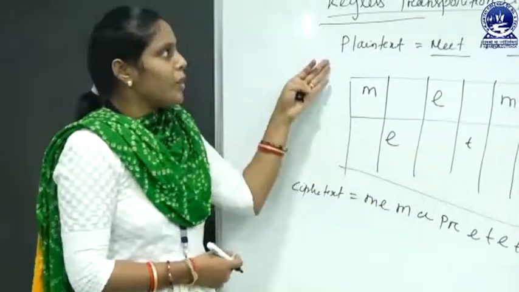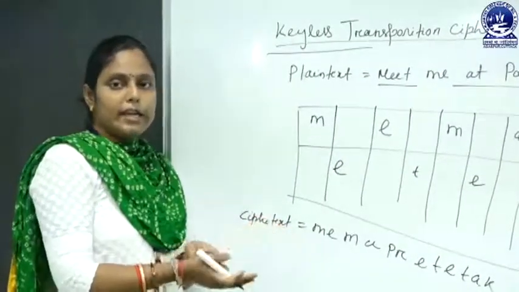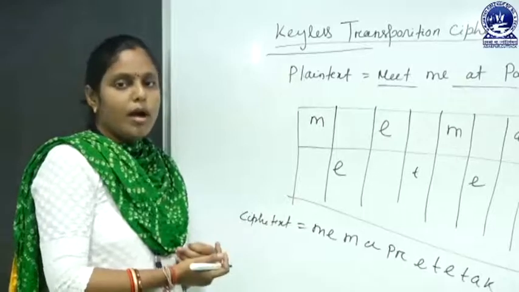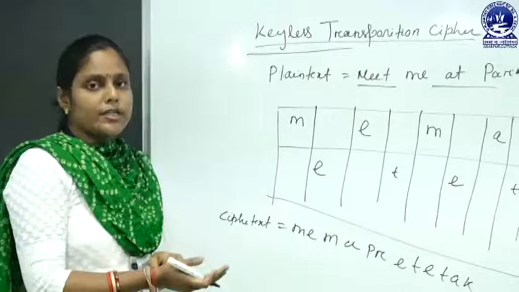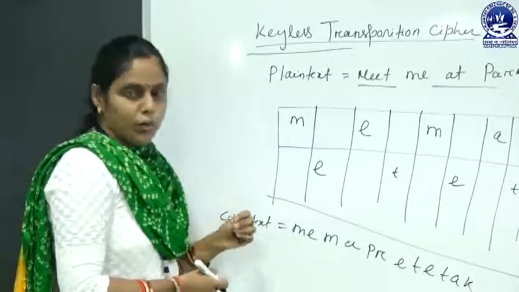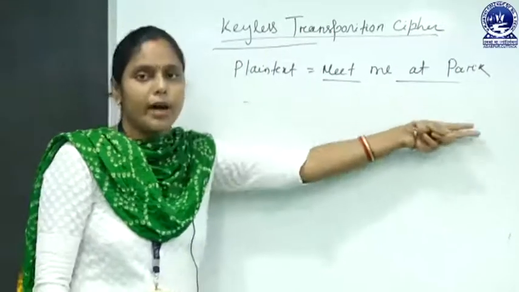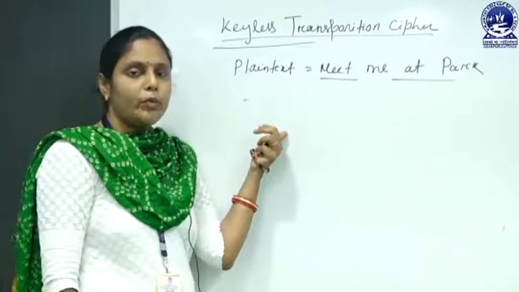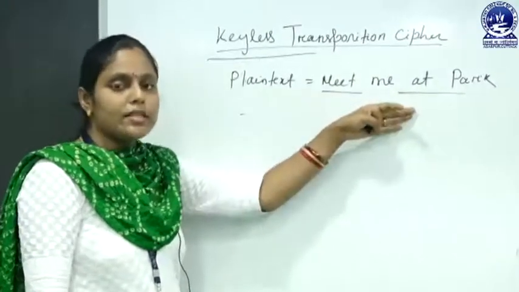Now, the second method of keyless transposition cipher: the plain text is written in a table row by row, and using this table we create the ciphertext by reading it column by column. Take one example. This is the plain text, meet me at park. Here we create a table with 4 columns, and we write this plain text row by row.